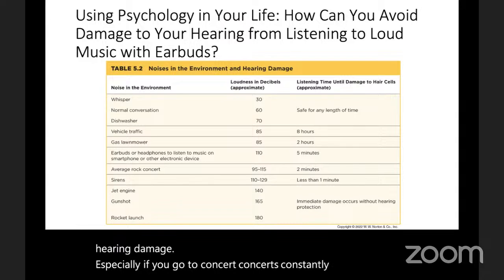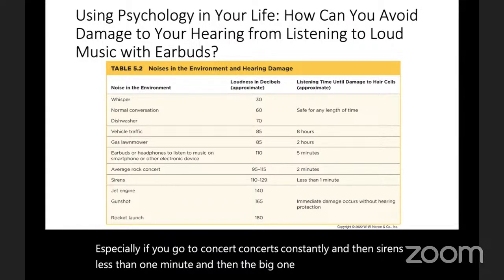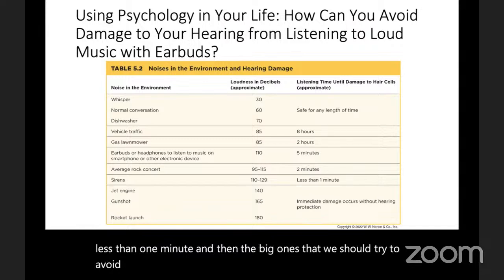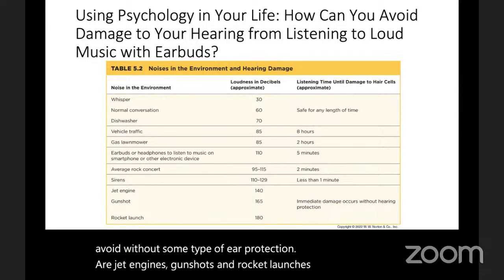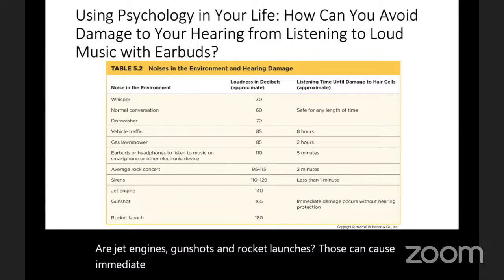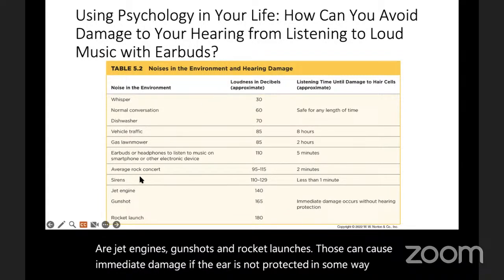Okay. And then sirens, less than 1 minute. And then the big ones that we should try to avoid without some type of ear protection are jet engines, gunshots, and rocket launches. Those can cause immediate damage if the ear is not protected in some way. Okay.